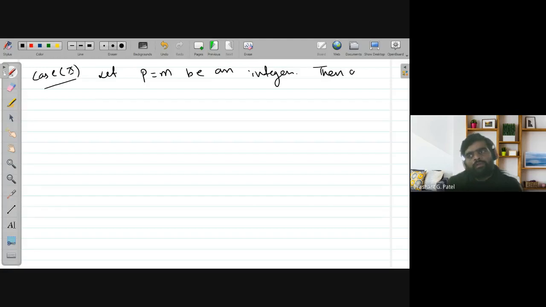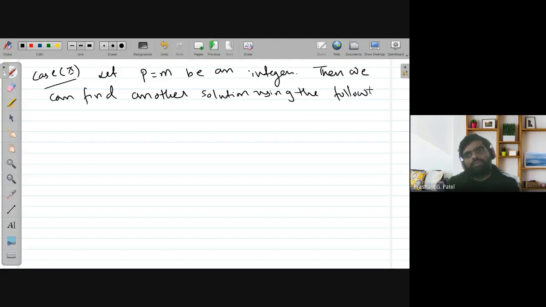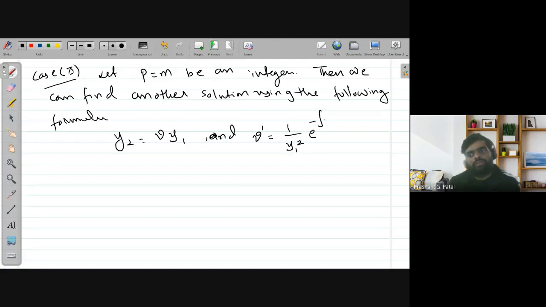Then we can find another solution using the following formula that we know: y2 equal to v y1, where v can be calculated as v' equal to 1 upon y1 squared times the integral of e^(-∫p dx). This is the way to calculate this y2.